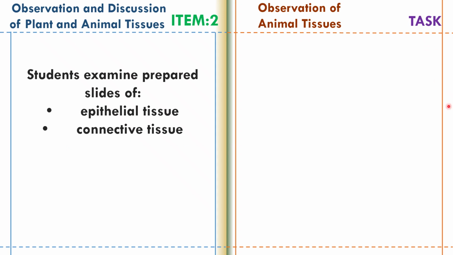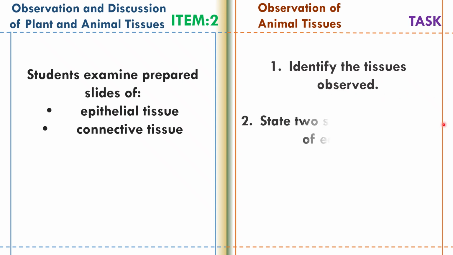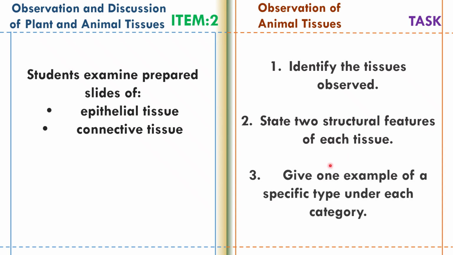Task: identify the tissues observed. State two structural features of each tissue. Give one example of a specific type under each category.